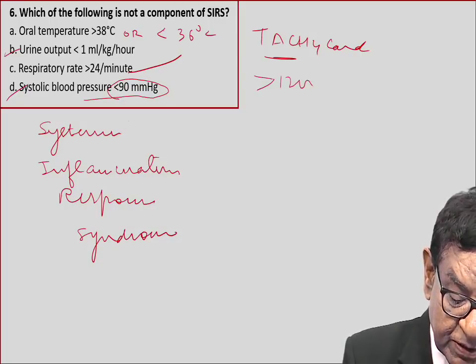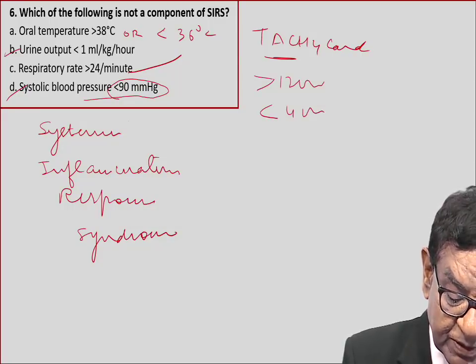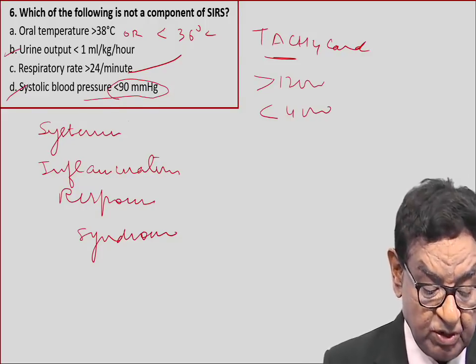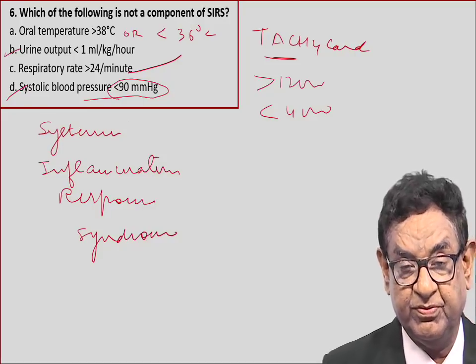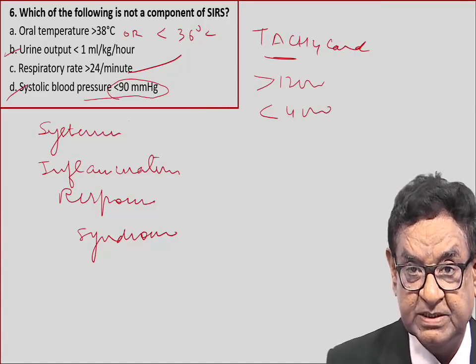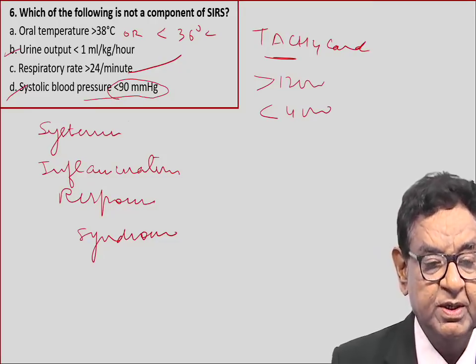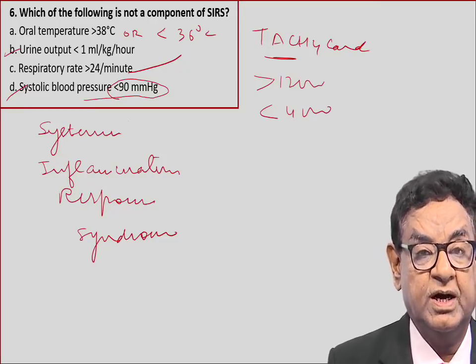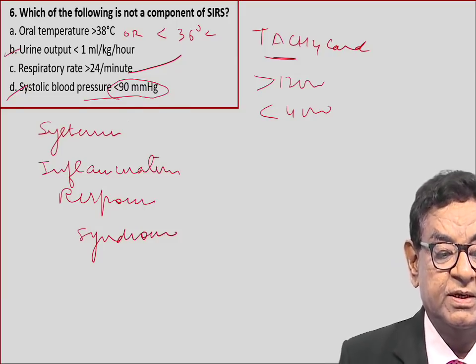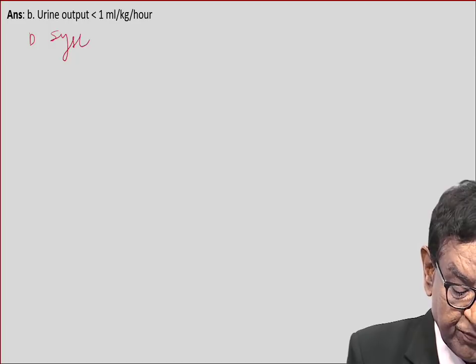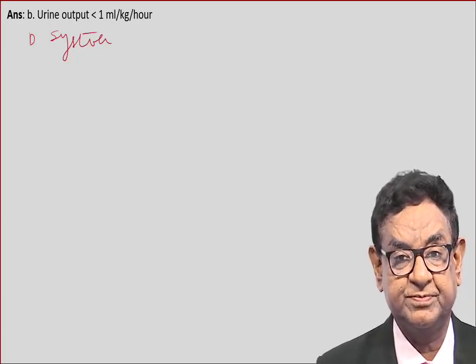TLC count more than 12,000 or less than 4,000. Neither urine output is a part of this, nor is systolic BP below 90. Systolic BP if below 90 is a part of septic shock. So although I have written only one answer for this question, but remember even systolic BP is also not a part of SIRS.